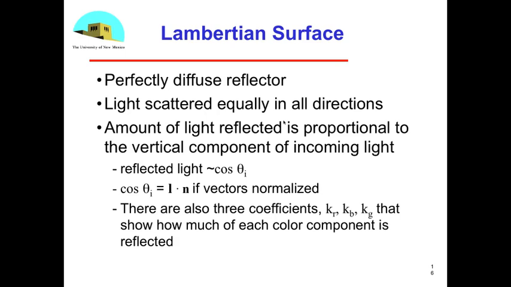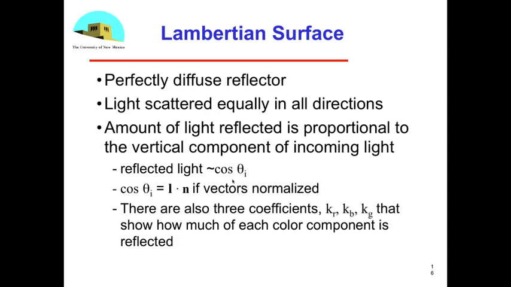That's because what you're seeing is only the vertical component of the incoming light, and that's proportional to the cosine of the angle between the light and that normal, until when the sun gets down to 90 degrees and it's setting, there's no more light at all. So that's what an ideal Lambertian surface would do perfectly.